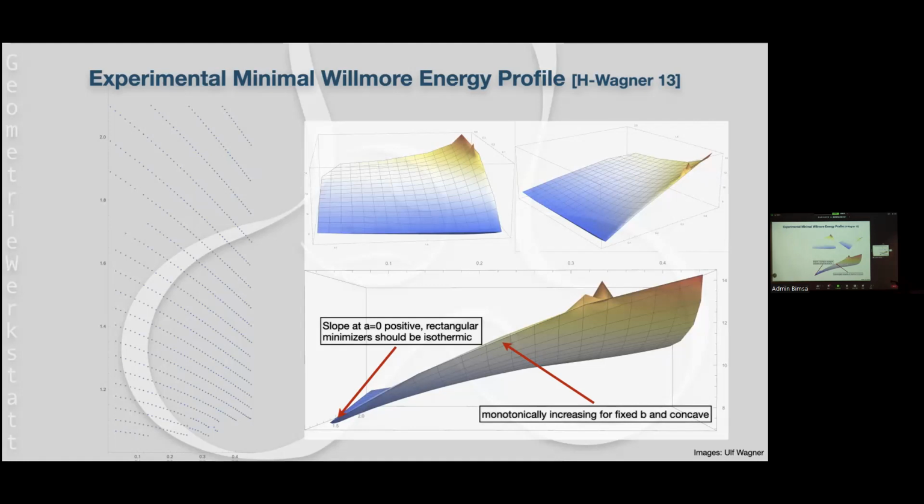Now, if that is true, if this slope is monotonically increasing anyway, and also the slope is non-zero at 0, then the rectangular minimizers must first of all be isothermic, and therefore must be the two-loop. And if we can prove monotonicity, the minimizers will be in the rectangular conformal class. In this case, it would be a second proof of the Willmore conjecture.